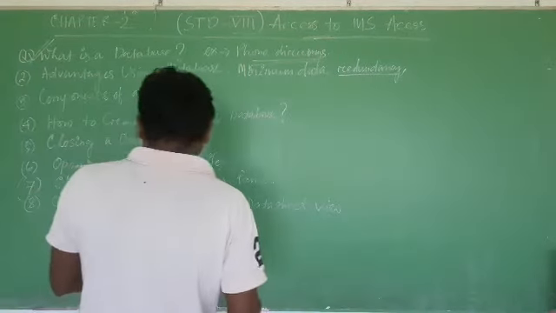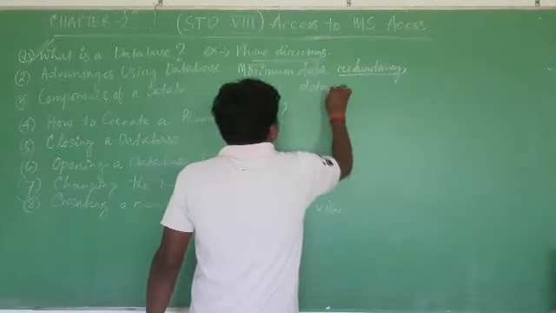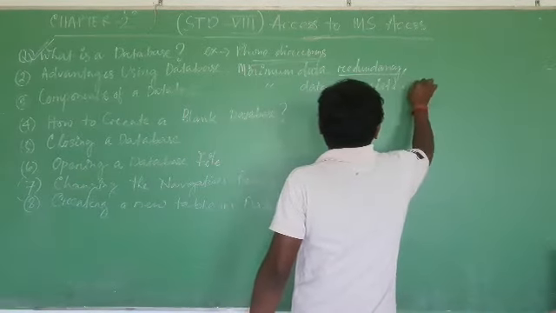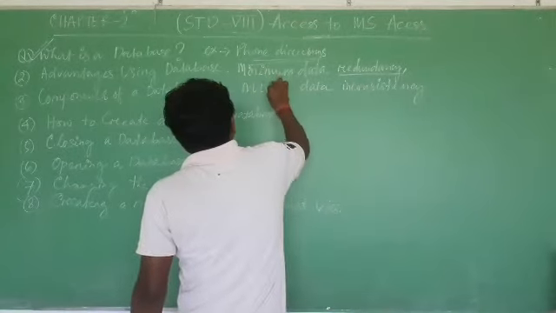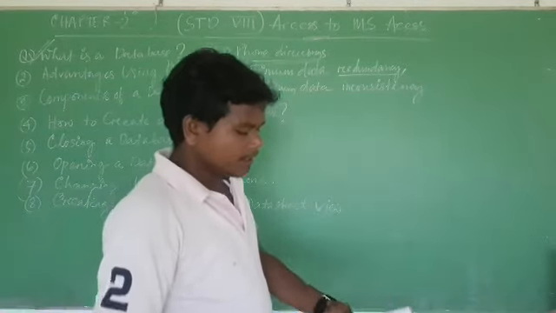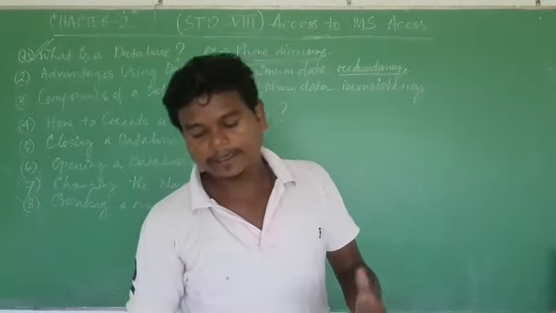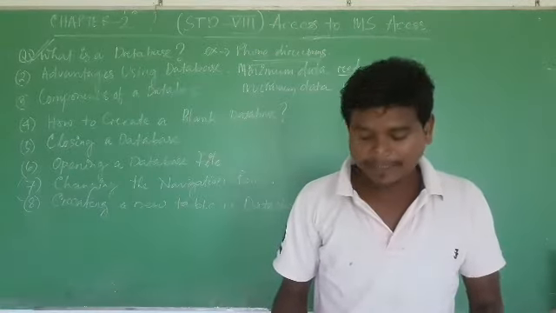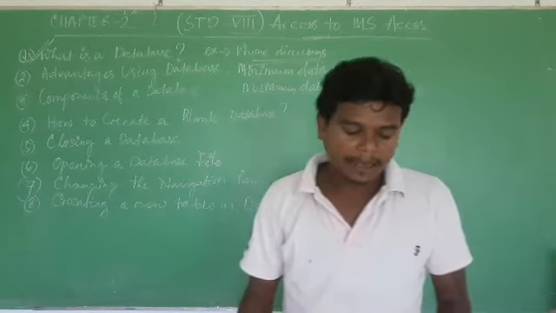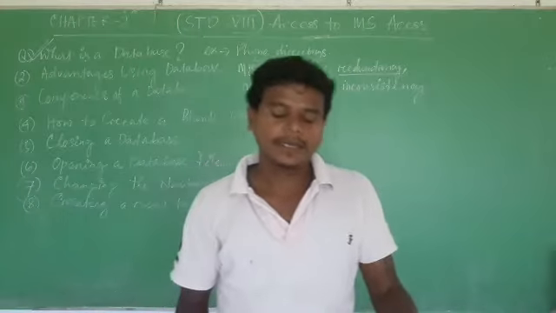advantages of a database is minimum data inconsistency. What is minimum data inconsistency? It helps you to minimize the data inconsistency, and updating the data values is simple, and there is no disagreement in the data values where they are stored.